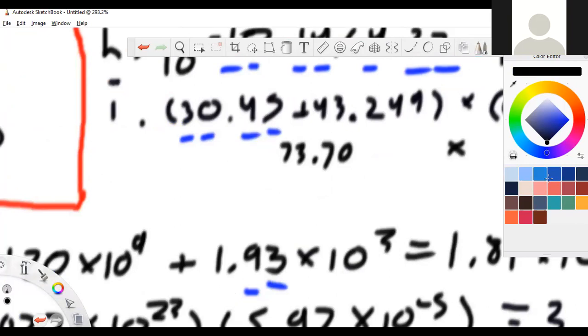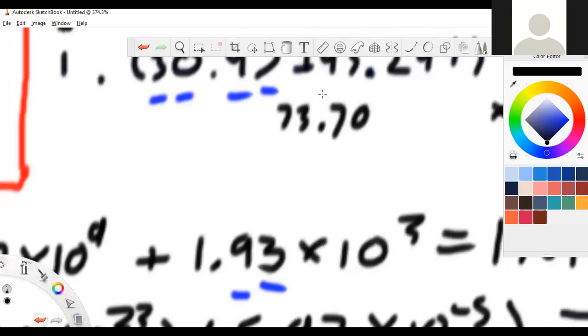I need to do what? Basically the same thing. 11.39. Time for a different color.